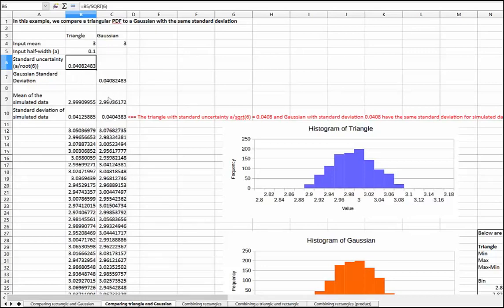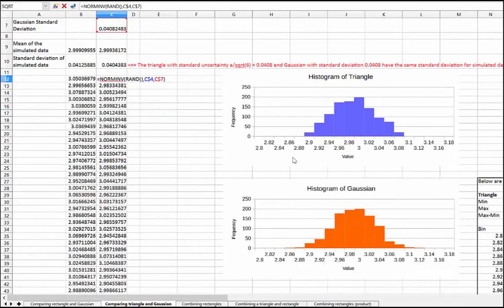Again, if we repeat and do the Gaussian that has that same mean and standard deviation, this is the input standard deviation, and I use that to make my Gaussian data, right? So there I use that mean and standard deviation, and I still get 3 and 0.04.